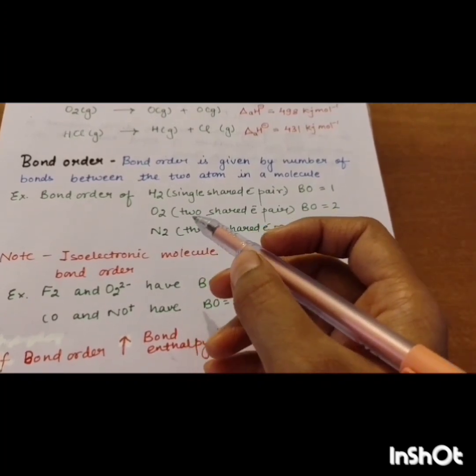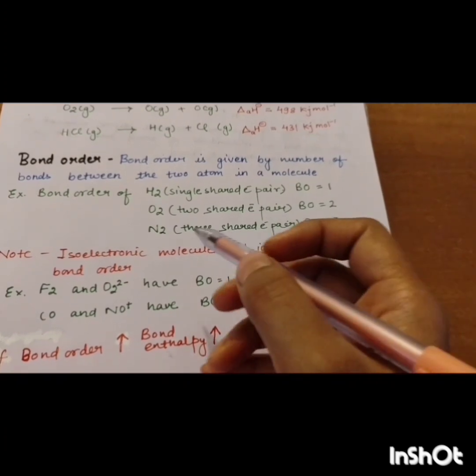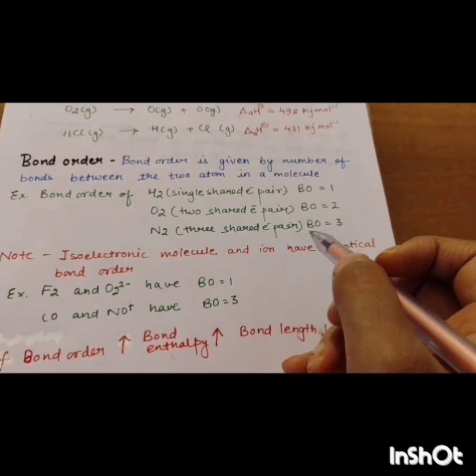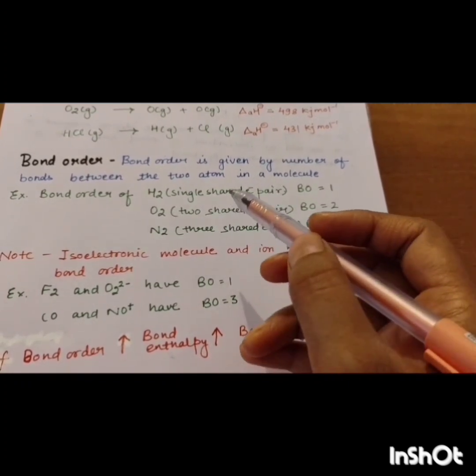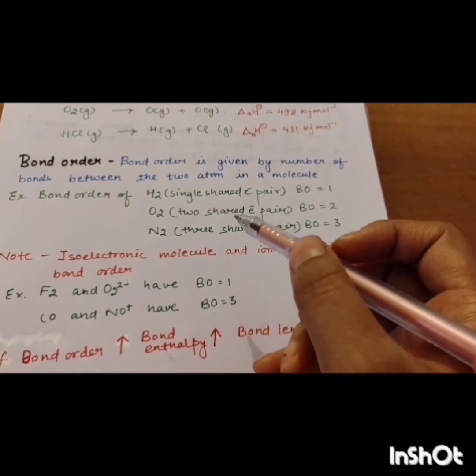In the case of oxygen, there are 2 shared electron pairs, so bond order is 2. In the case of nitrogen, there are 3 shared electron pairs, so bond order is 3. So this is an example of bond order, the number of bonds present in the molecule.